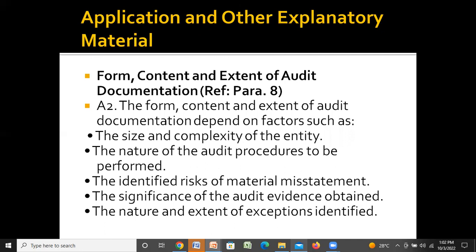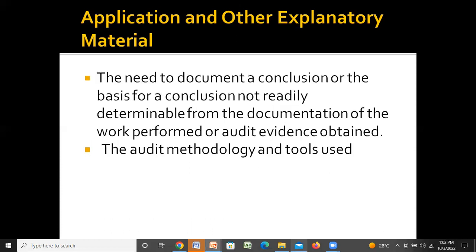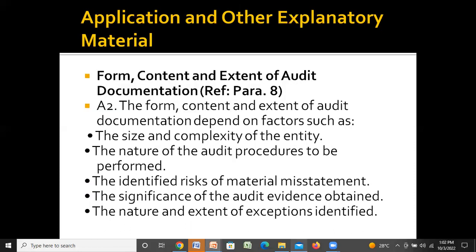The nature of the audit procedures to be performed, the identified risks of material misstatement, the significance of the audit evidence obtained, the nature and extent of exceptions identified, the need to document a conclusion or the basis for a conclusion not readily determinable from the documentation of the work performed or audit evidence obtained, then the audit methodology and tools used. Okay, so all these are considerations that will determine the extent of audit documentation.